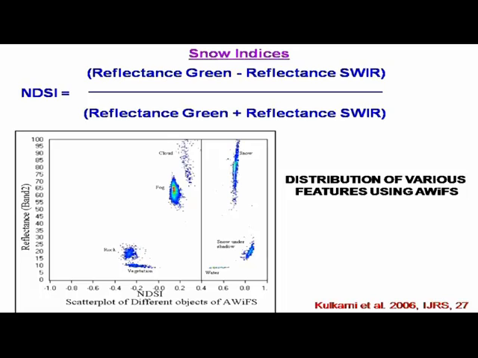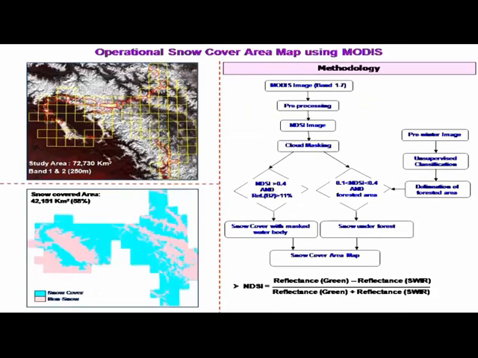Once this value is more than 0.4, up to 1, that will be a snow class. But the limitation is that the water pixels also merge in this range, so one has to mask these water bodies first, and then it can be applied for snow cover mapping.